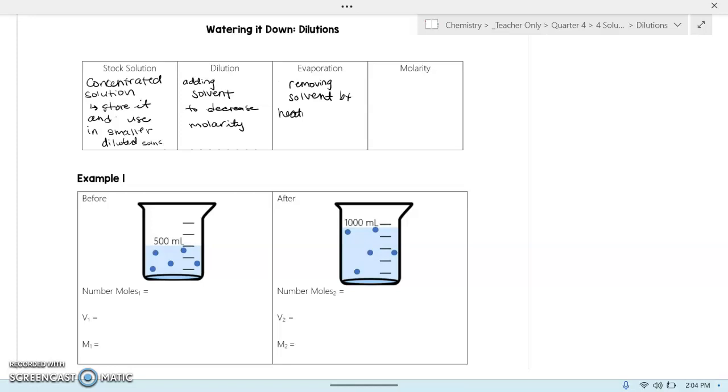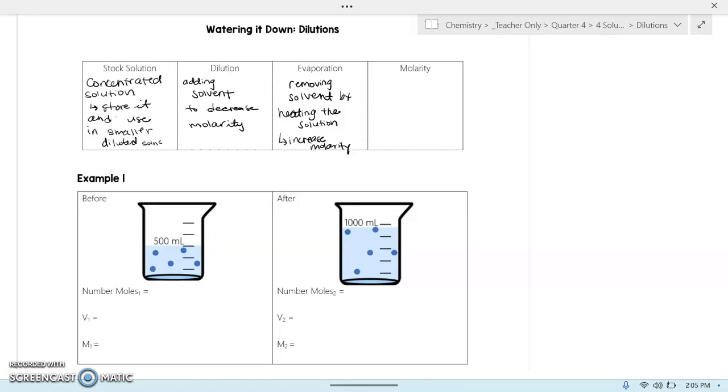So we can do that by heating the solution, boiling some of the water, and this will increase molarity. And again, it's the opposite logic of dilution. If you take away some volume, now our ratio of amount to volume is going to go up.